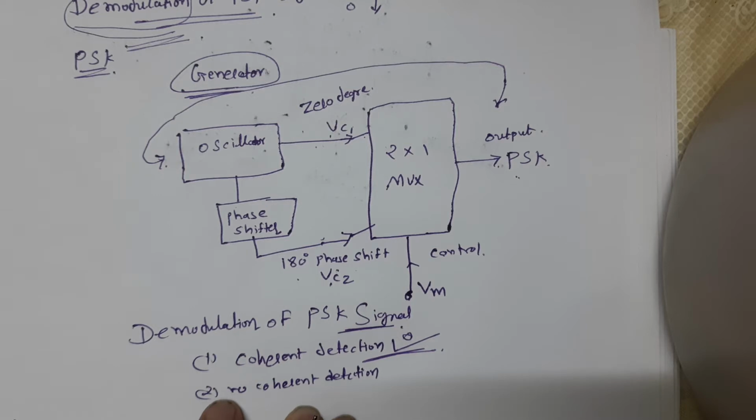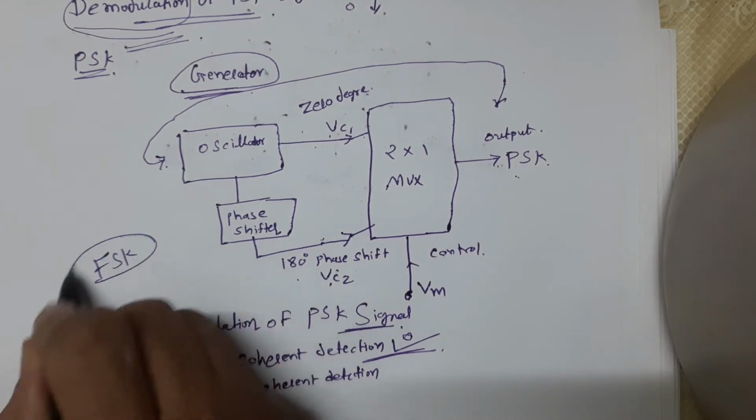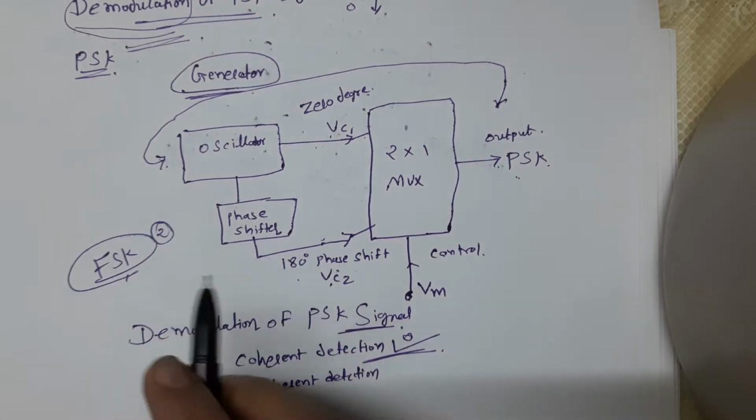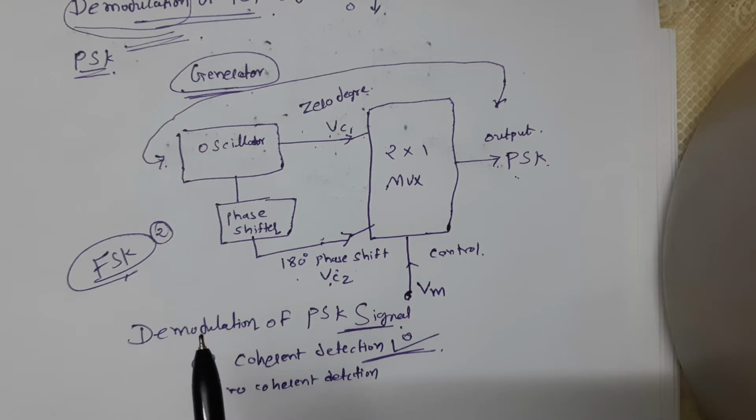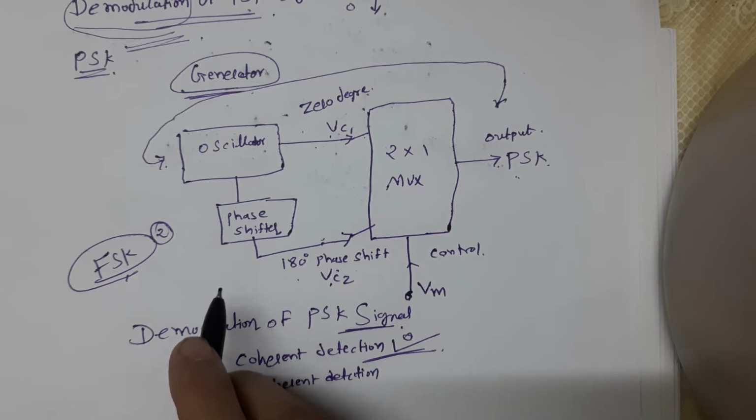I repeat, the demodulation of PSK can also be understood easily by considering the ASK view of PSK. Here, the message can only be demodulated by coherent detection. In FSK, there are two methods, coherent and non-coherent. This can be appreciated from the non-coherent detection of FSK signal, which was made possible due to the frequency selective operation of the filters present in the upper and lower channels.